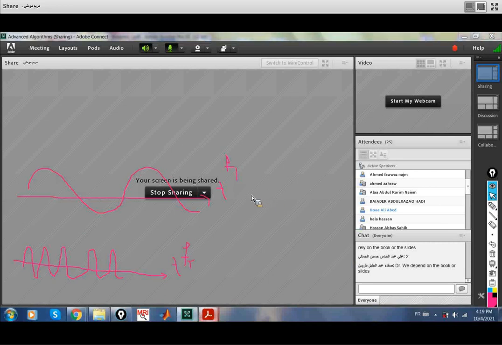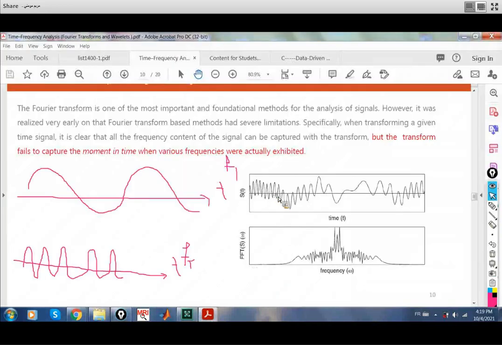Then we have changes like this. Now the signal lies on this pink. Besides, we have changes here. If we call it F1, F1 of the changes in this part is greater than, for instance, F2.